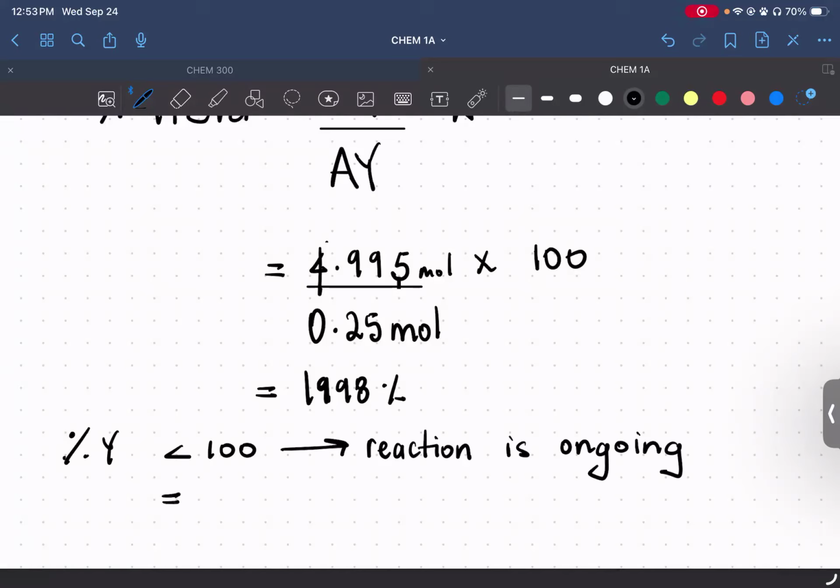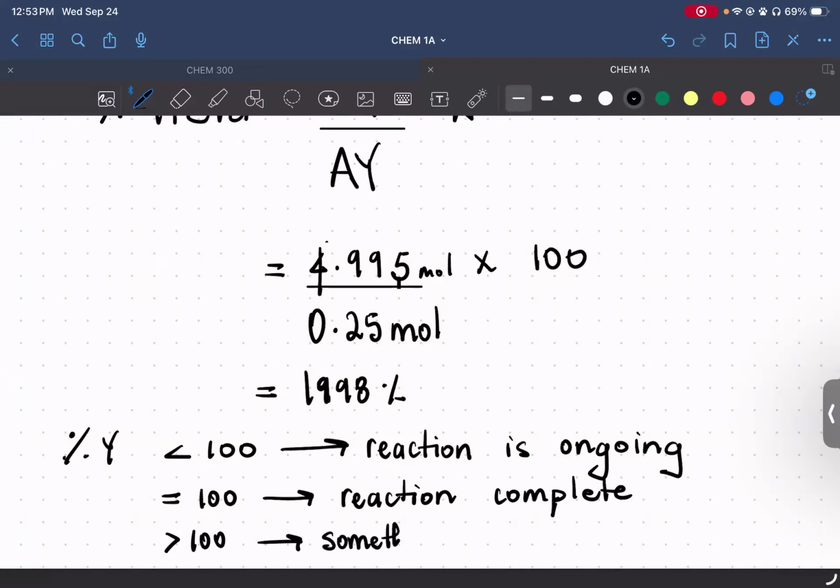When the percent yield is equal to 100, this is what we consider a complete reaction. When your yield is over 100, that means something went wrong in the experiments.